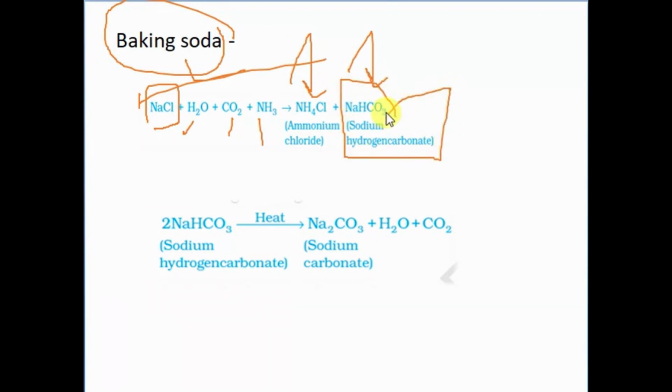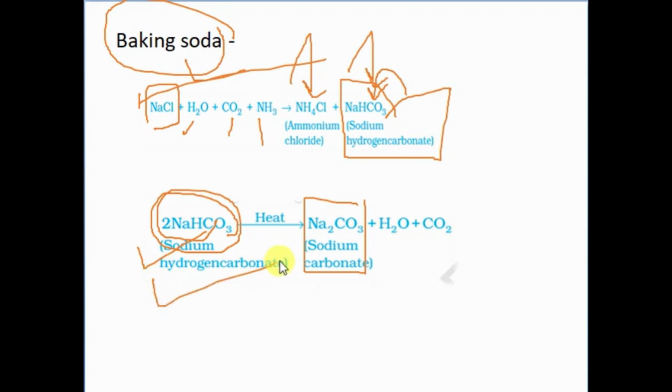In my previous lessons also I have used this reaction of sodium carbonate and sodium hydrogen carbonate. So this sodium hydrogen carbonate is baking soda. Okay, so when you heat baking soda, when you heat the sodium hydrogen carbonate, we will get sodium carbonate. So this is one reaction of baking soda.